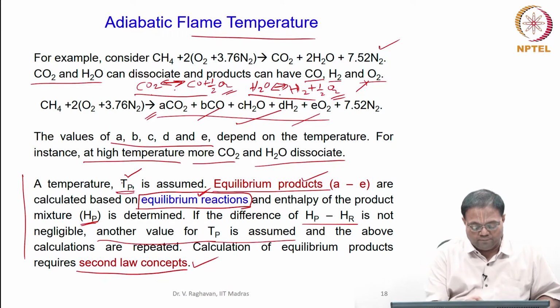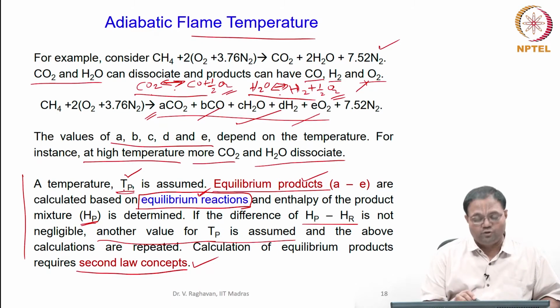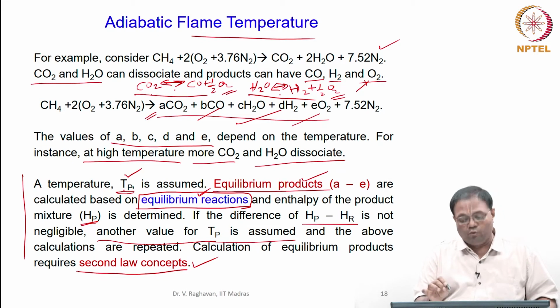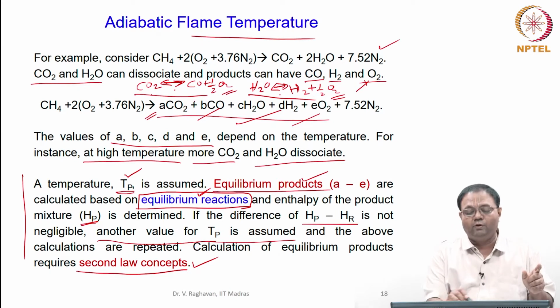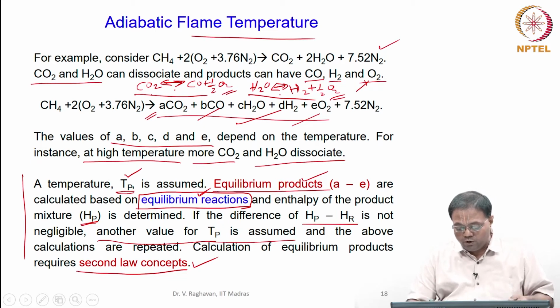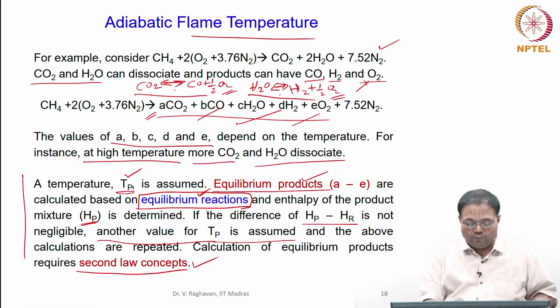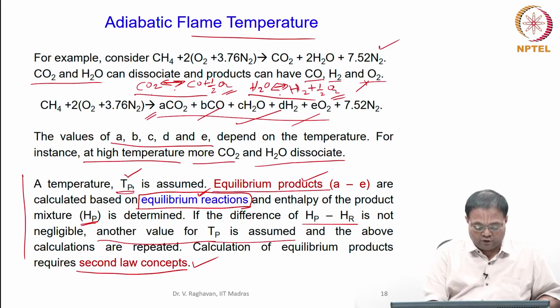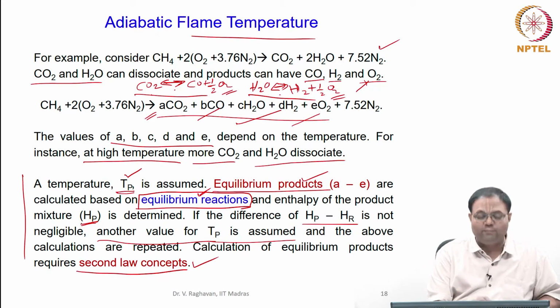So you first again guess the value of product temperature Tp, then you calculate equilibrium products A to E. You have to calculate by using 3 atom balance equations plus 2 equilibrium equations like given here, and then you calculate the equilibrium products and calculate HP, the enthalpy of the mixture.